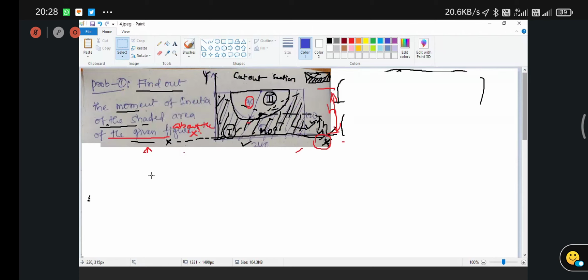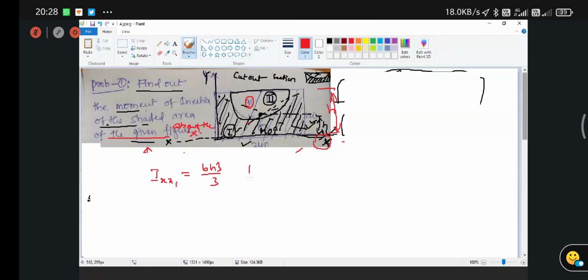First of all I have taken the rectangle area, and the moment of inertia of the rectangle, Ix1, BH cube by 3, I have found out. Why?